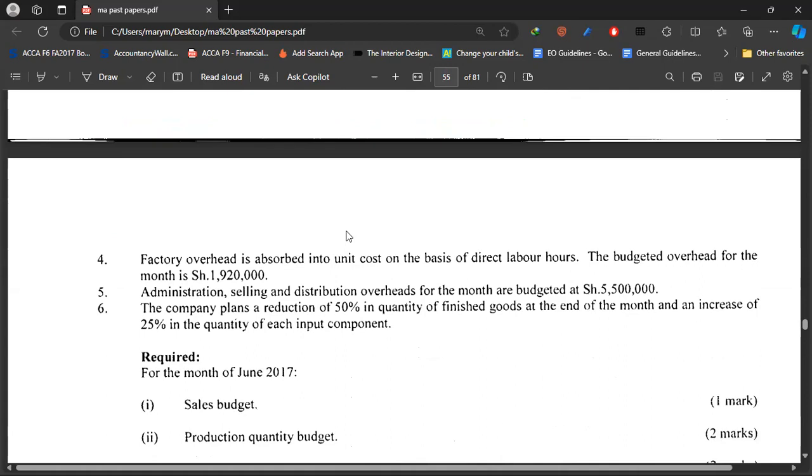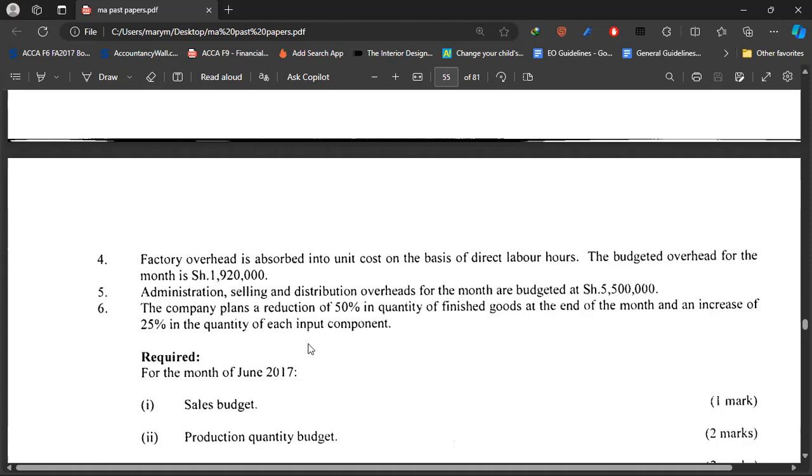So the budgeted overhead for the month is 1920. Administration, selling, and distribution overheads are already given there at 5.5 million. Then additional note number 6 is going to help us by telling us that the company plans a reduction of 50% in the quantity of the finished goods at the end of the month, and an increase of 25% in the quantity of each input component.